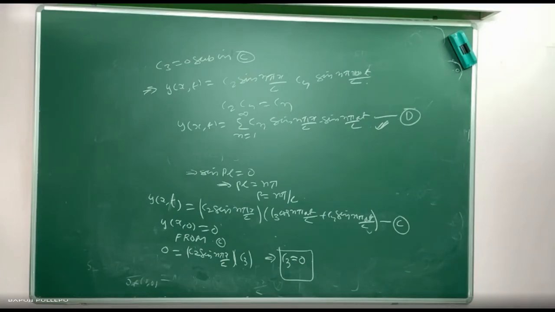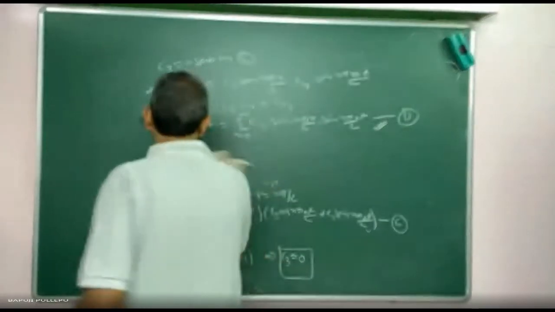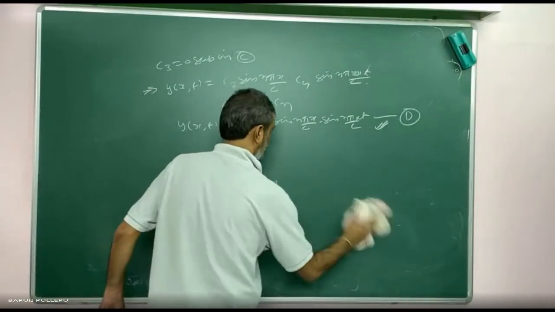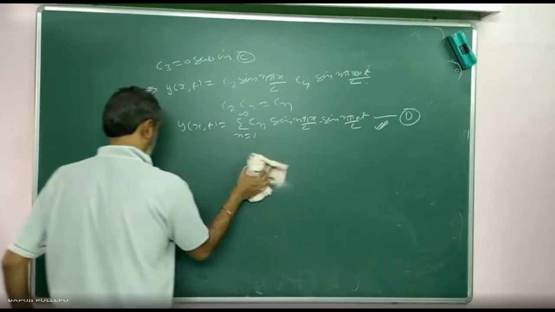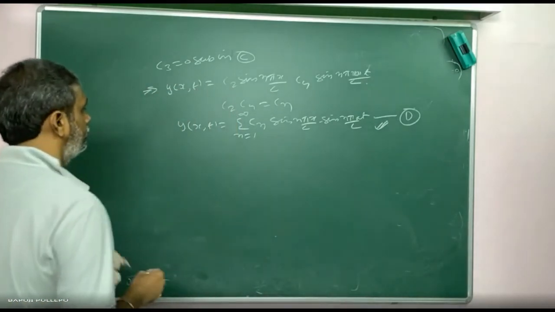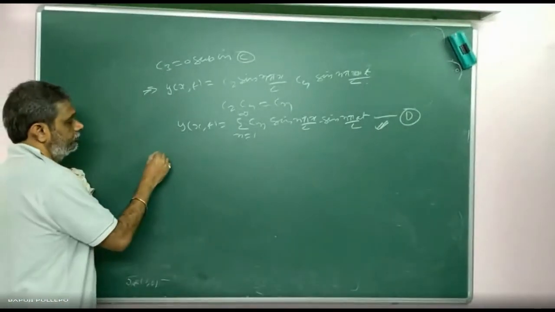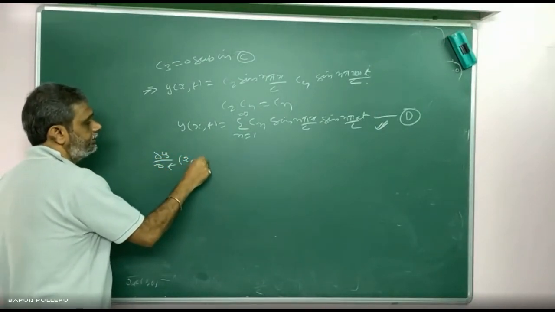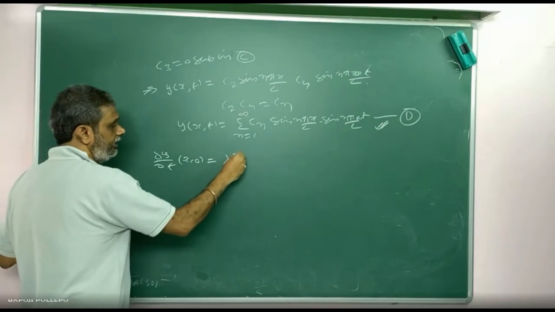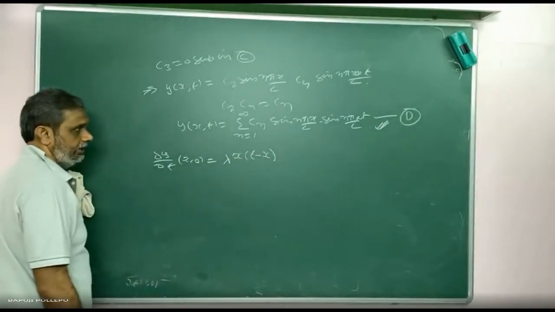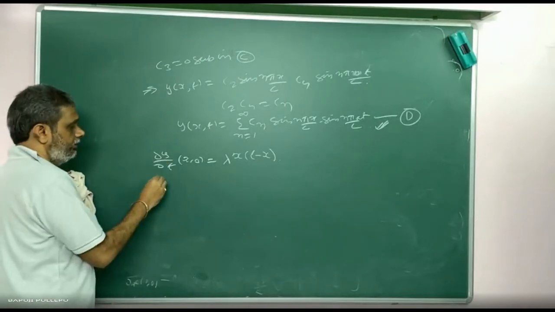Now come on. The last condition is what? ∂y/∂t at (x,0) is equal to lambda x into (L minus x). Correct? Now if you substitute, what do you get?